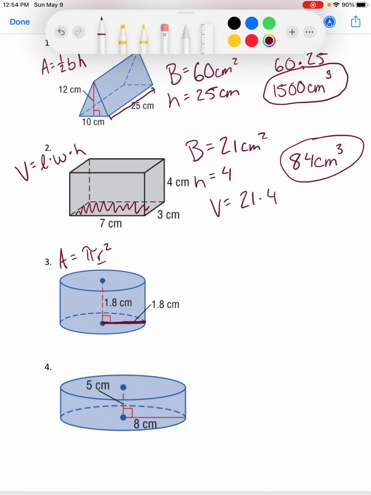There will be problems where you're given the diameter, and the diameter is twice the radius, or the radius is half the diameter, however you choose to remember that.